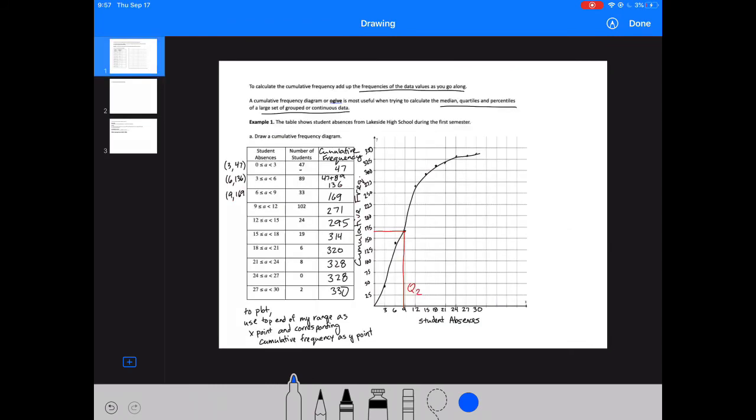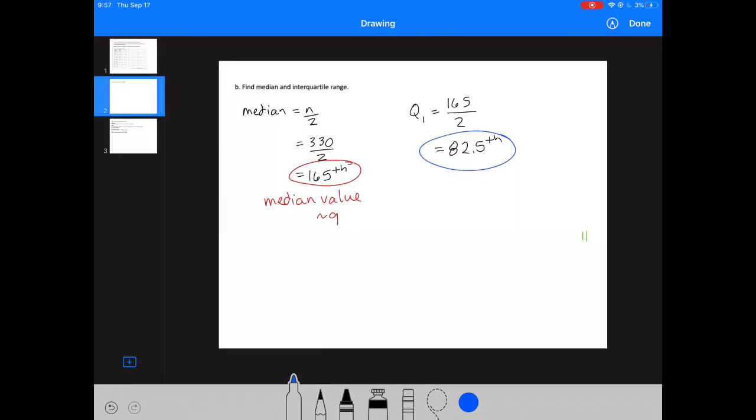I'm going to go on the y-axis up to about 82.5. Okay, I'm going to go over here. And then down, this is our Q1, and that looks like it's going to be about 4, reading from my graph.